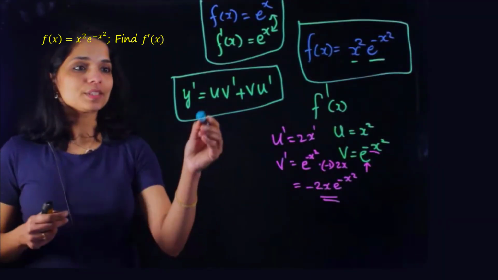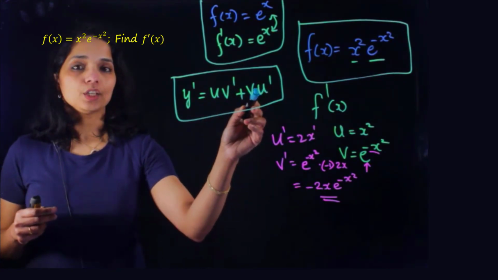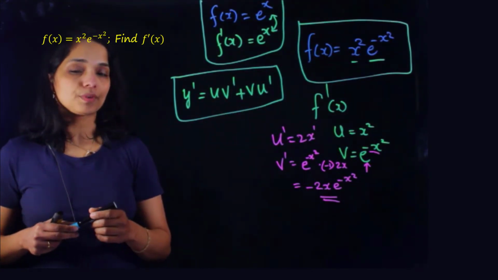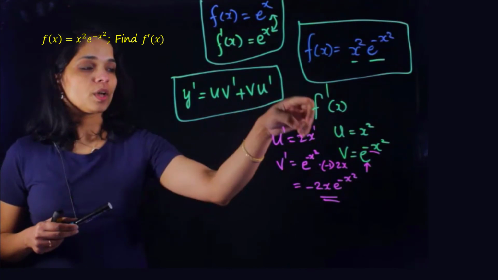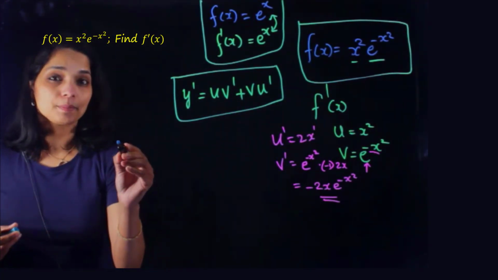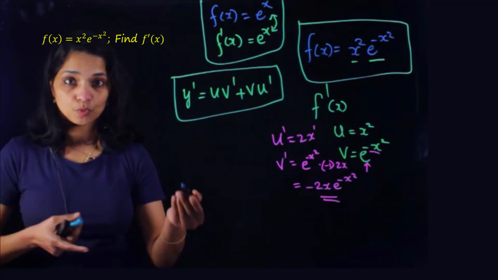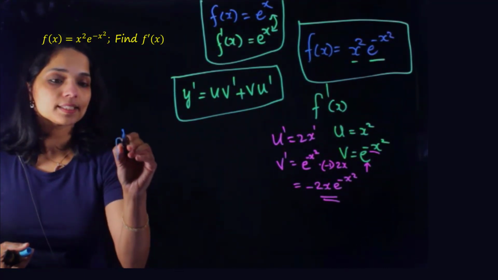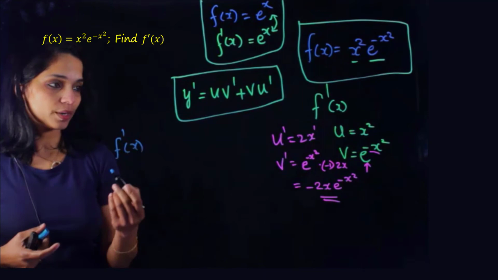Now it's all about substituting u, v', v, u' into this equation to find the final expression for the derivative f'(x). f'(x) or f dash x, it doesn't matter which way you call it, is the same as y'.